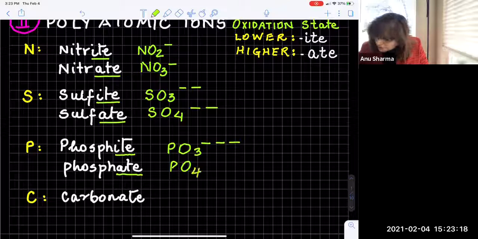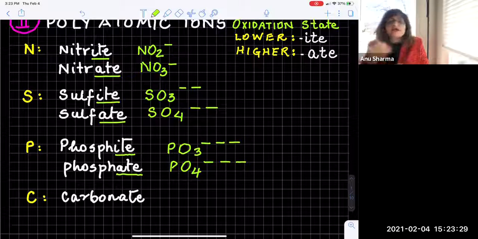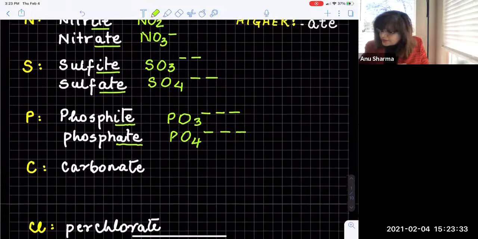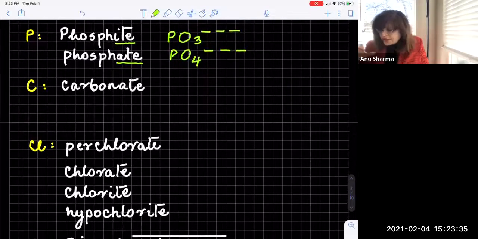Phosphorus can also combine with four oxygen atoms, and it can still retain three negative charges, and that name now is phosphate. So these are two different species. They are totally different. The way they are arranged is different, so their properties are different.